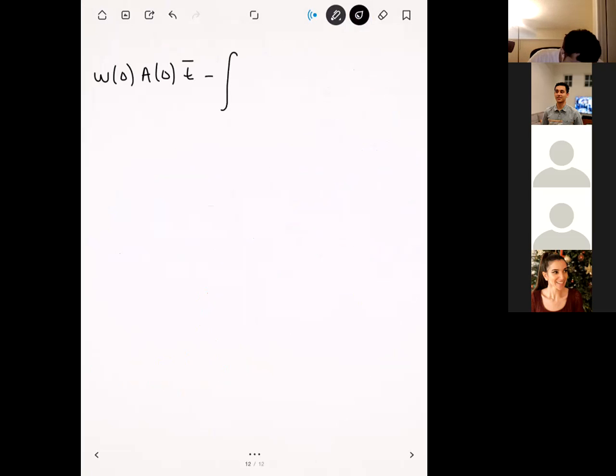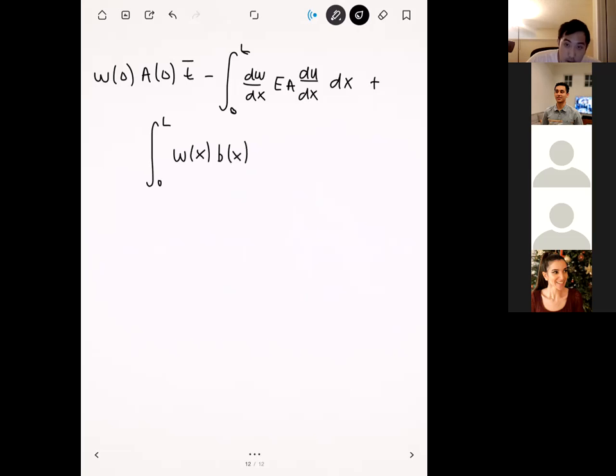Next, we have minus the integral from 0 to L of dW dx times E times A times du dx dx, plus the integral from 0 to L of W of x, P of x dx, and this is equal to 0.